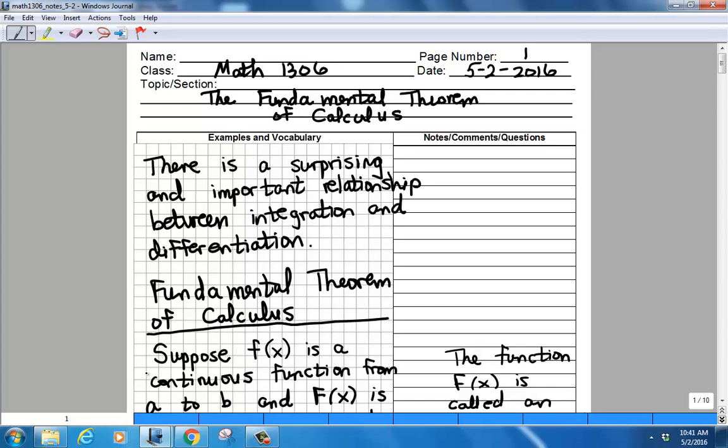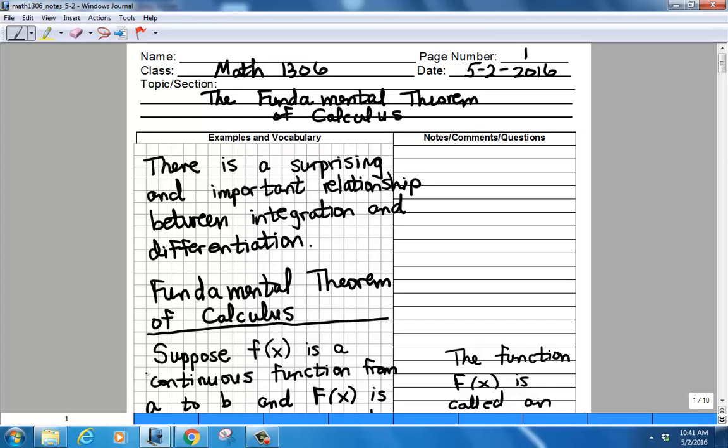And it turns out that in order to do this, there's a surprising and important relationship between integration, that process of finding the area under a curve, and, who would have thought it, differentiation. And I'm going to show you that relationship now.